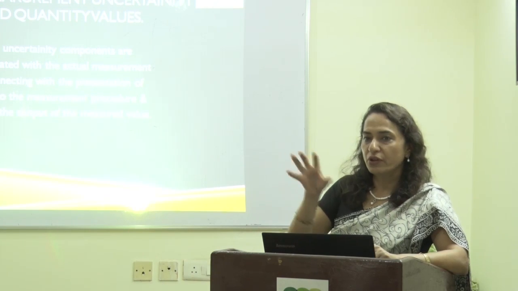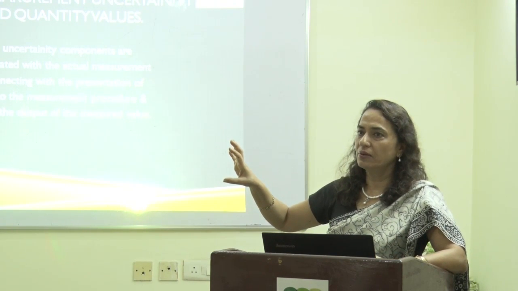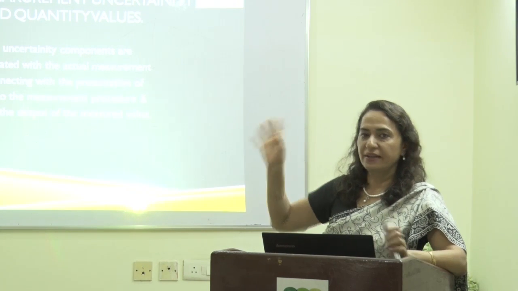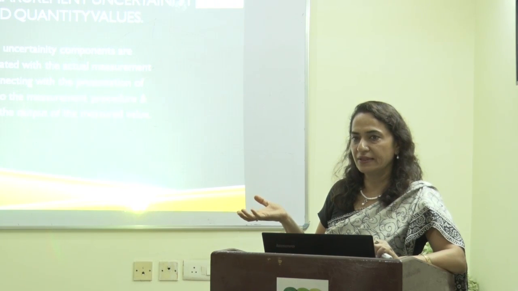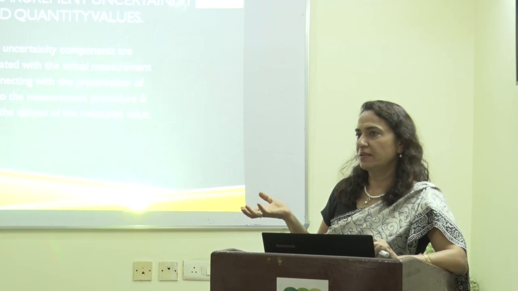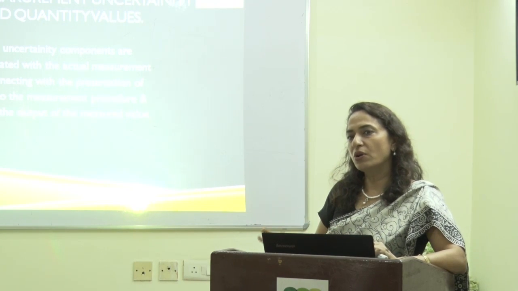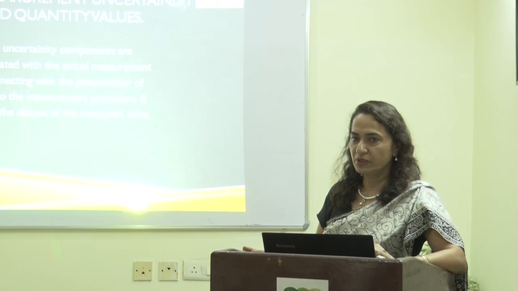Means for your lab, what is the CV percentage of a particular parameter? There are standard guidelines which we follow, the CLIA guidelines, that what should be the CV percentage. Then you have to calculate your own CV percentage and put that for your lab.